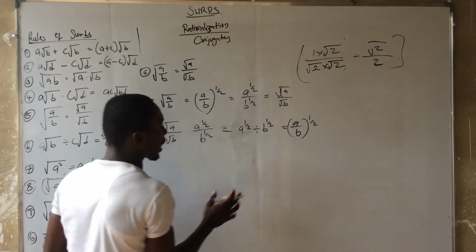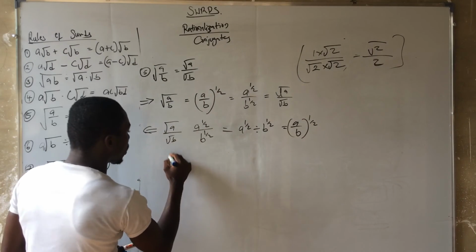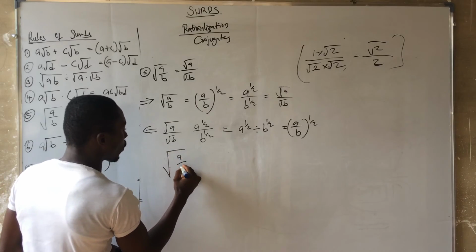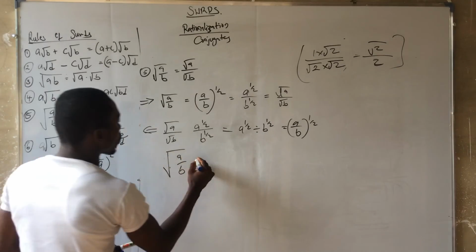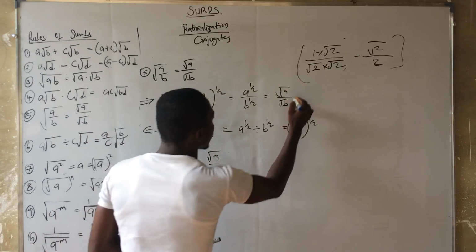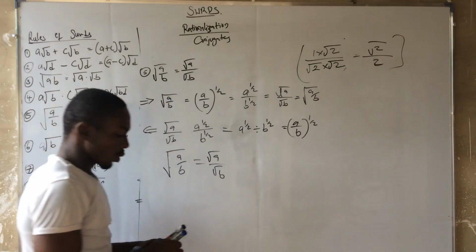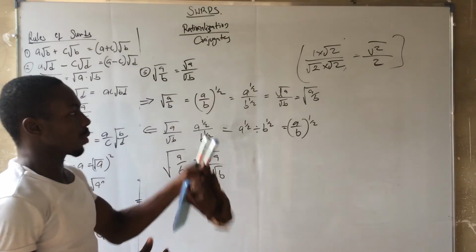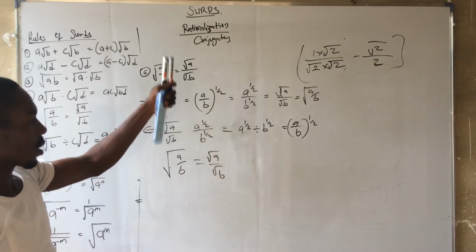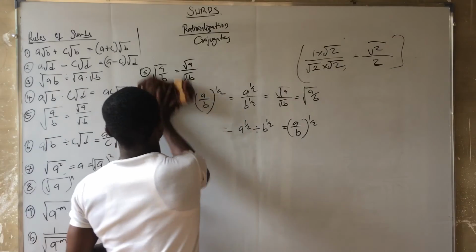Now I can put this in the form the square root of a over b equals root a over root b. So having proved from here and from here, arriving at the same thing, I can completely say that this is equal to that.